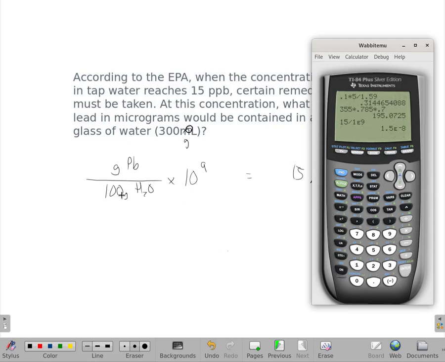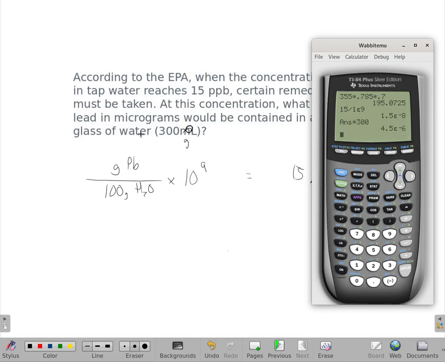I will multiply that by, and I'm not going to do 100, I'm going to multiply it by the amount of water we actually had, 300. That number there is all the mass of lead that's in that water, 4.5 times 10 to the negative 6th grams.